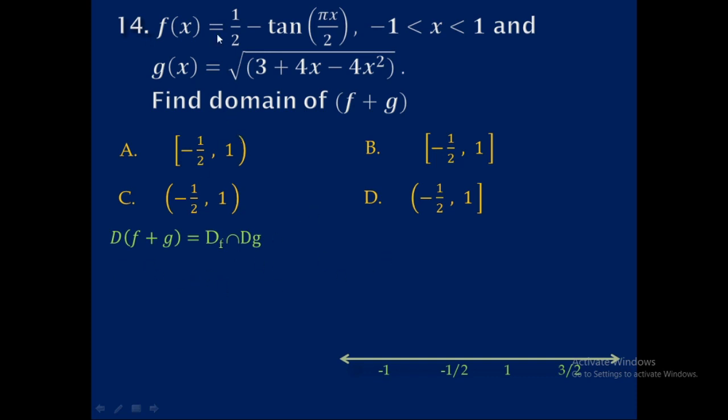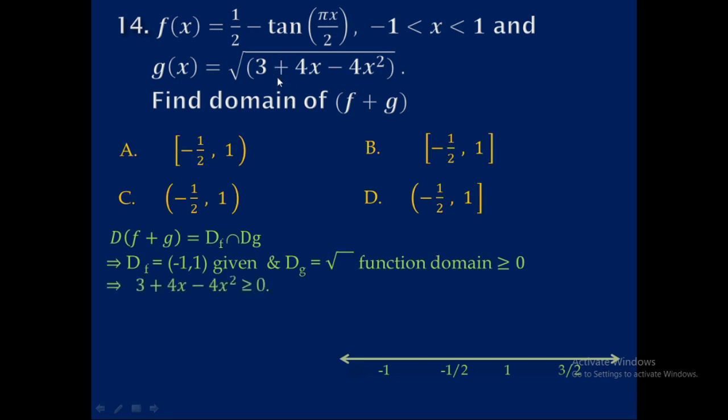Here you know that the domain of the function f is given by x greater than minus 1 and less than plus 1, meaning the open interval minus 1 to plus 1. For the domain of g, it is a root function, therefore its domain requires non-negative values, greater than or equal to 0. It means 3 plus 4x minus 4x square is greater than or equal to 0. It implies 4x square minus 4x minus 3 is less than or equal to 0.